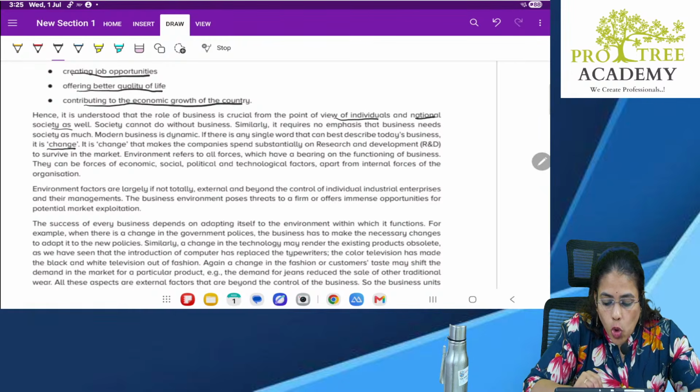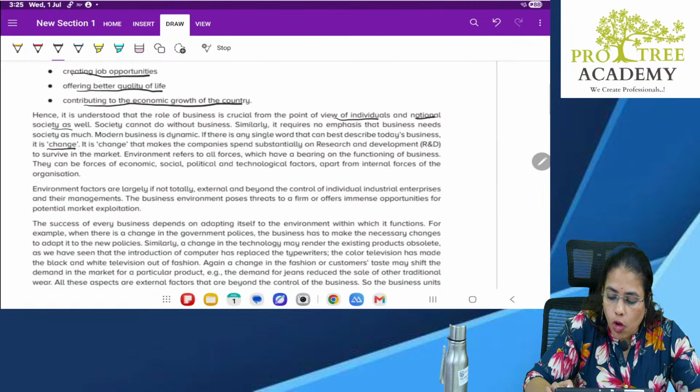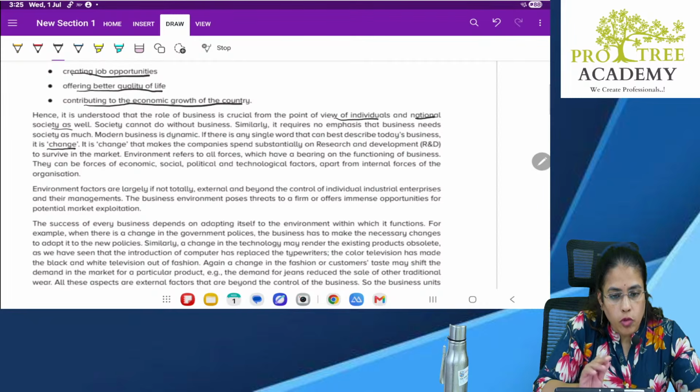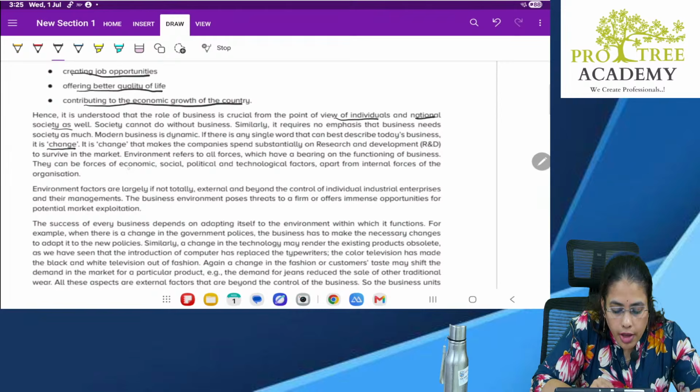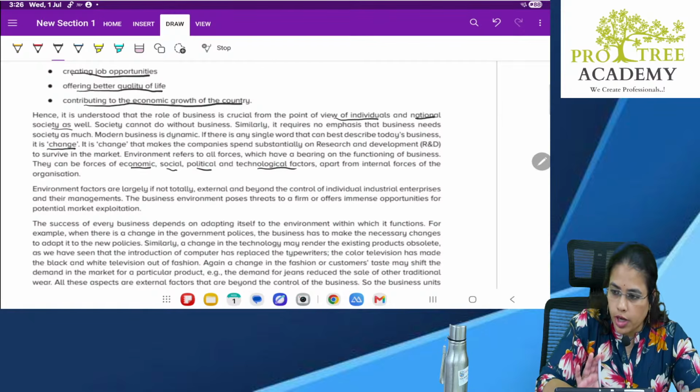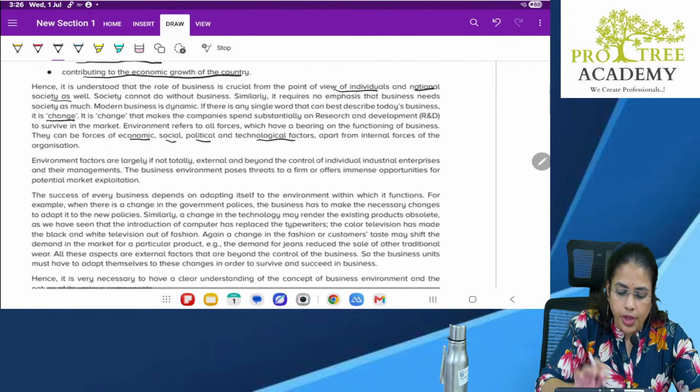Okay. Environment refers to all forces which have an effect on the functioning of business. What are the forces? They can be economic, social, political, technological factors, apart from internal forces of the organization. Okay.